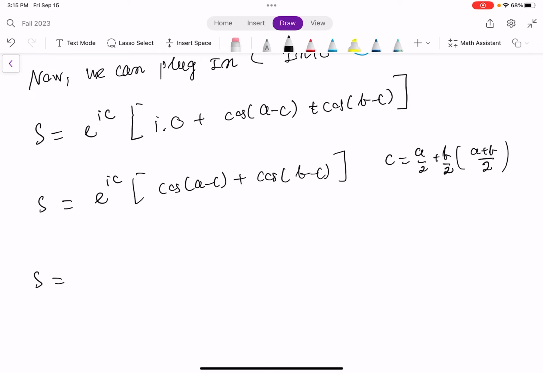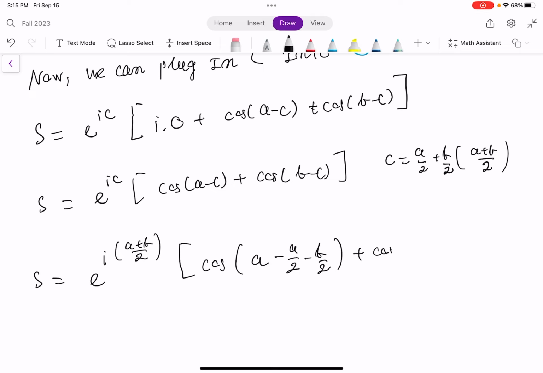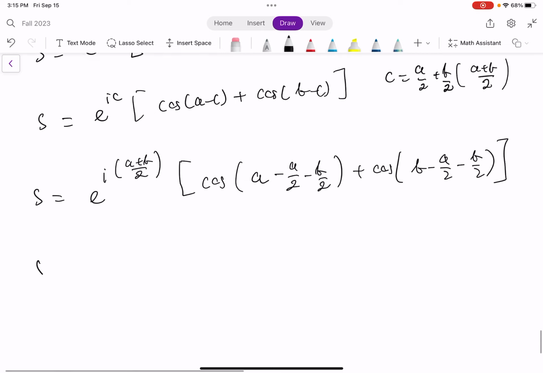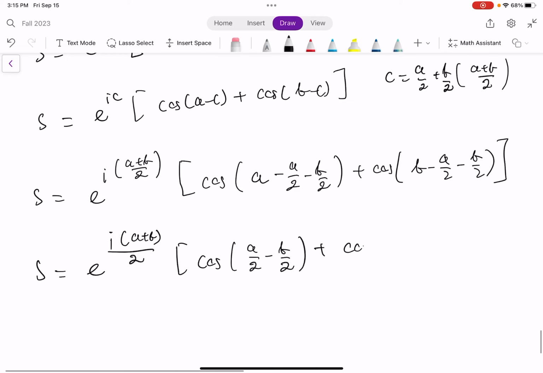So I can replace c now: e to the power i times (a plus b) over 2, times cosine of (a minus c), which is a minus a over 2 minus b over 2, plus cosine of (b minus c), which is b minus a over 2 minus b over 2. So your sum is e to the power i times (a plus b) over 2 times cosine of (a over 2 minus b over 2) plus cosine of (b over 2 minus a over 2).